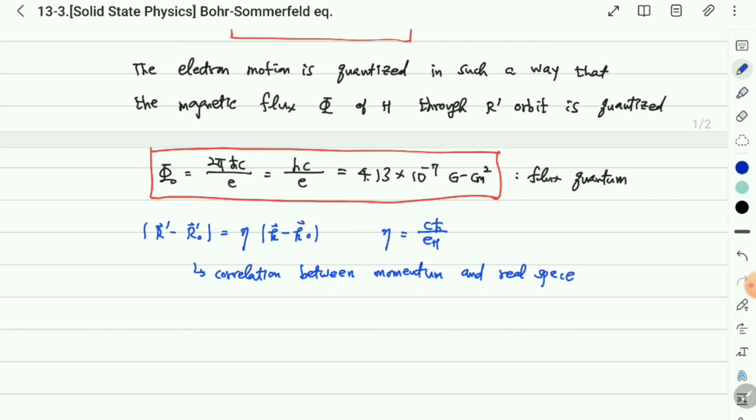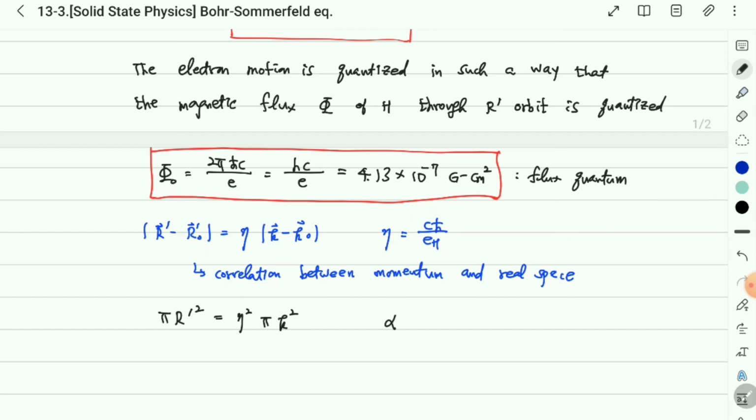Here, when we think that it is the orbital motion, pi r prime square has the relation eta square pi k square, and pi r prime square we define as alpha.